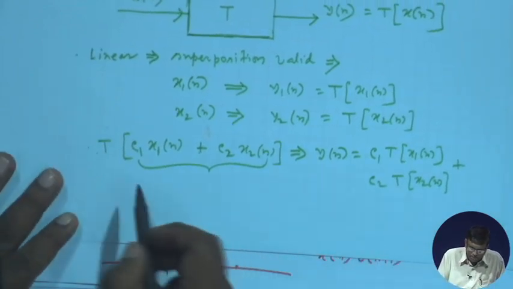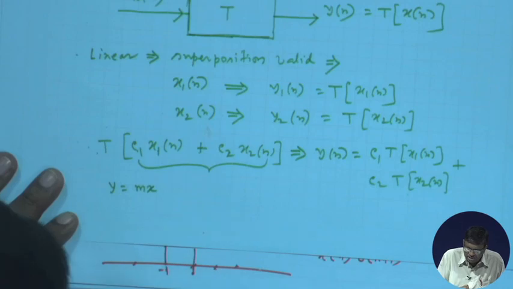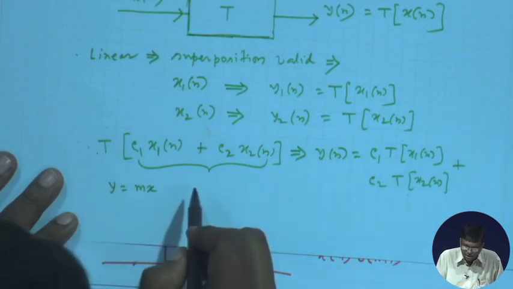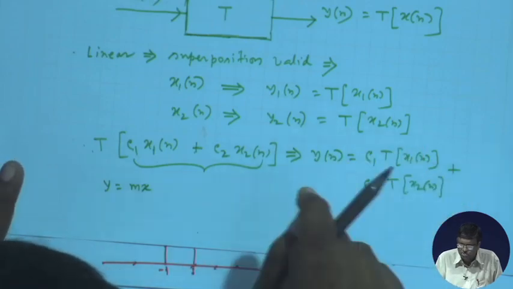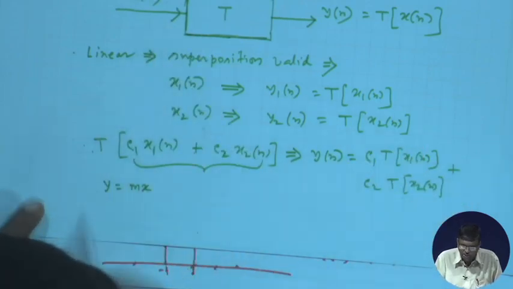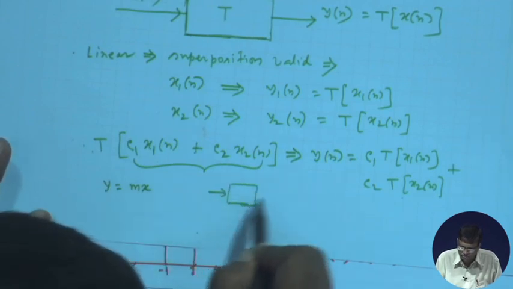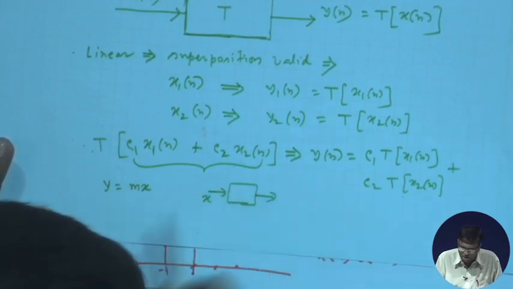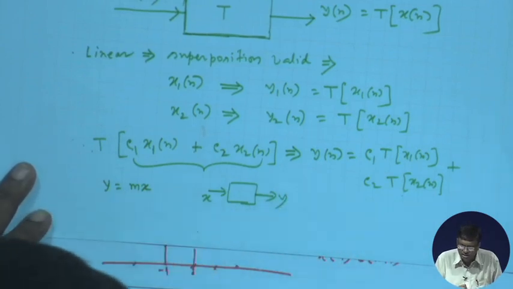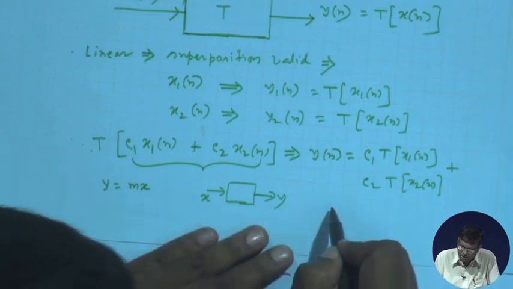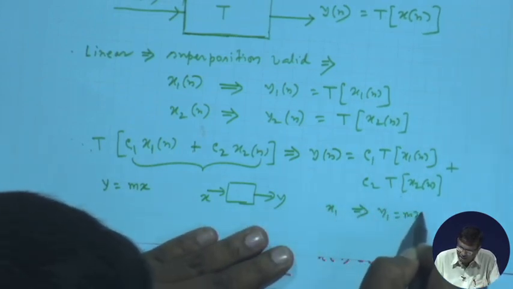Very interestingly, an equation like y equal to mx: if x is an input to a system, forget about sequence, there is no sequence. x is one variable which is input to a system, output is y, and they are related by mx. Then it is linear, because if you give x1, output is y1, say m x1.